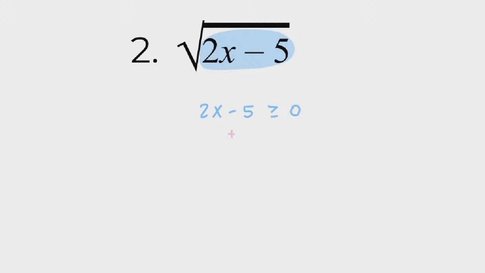So then to solve for x, we're going to add 5 to both sides. We get 2x is greater than or equal to 5. And when we divide by 2, we get x is greater than or equal to 5 over 2. So that means x can be any number that's equal to or bigger than 5 over 2.